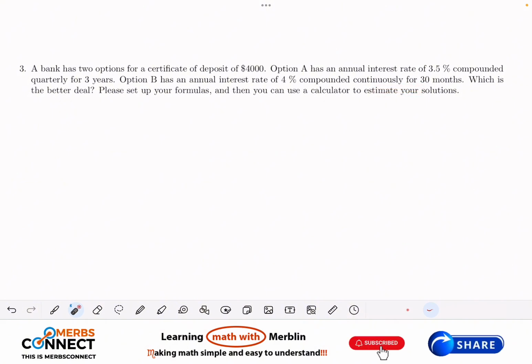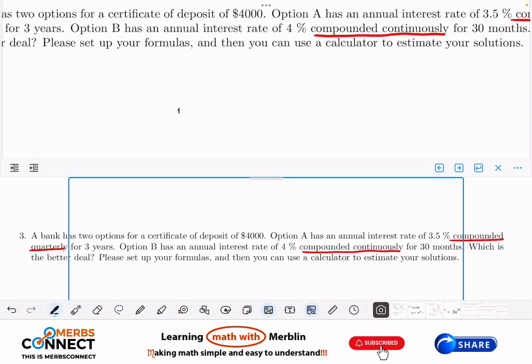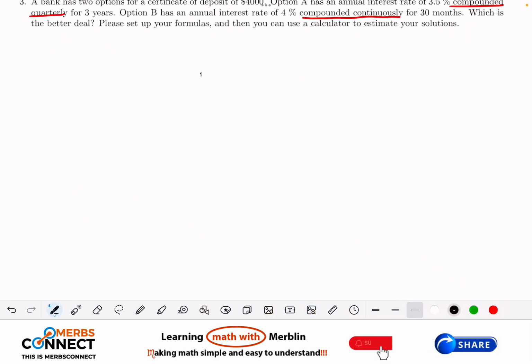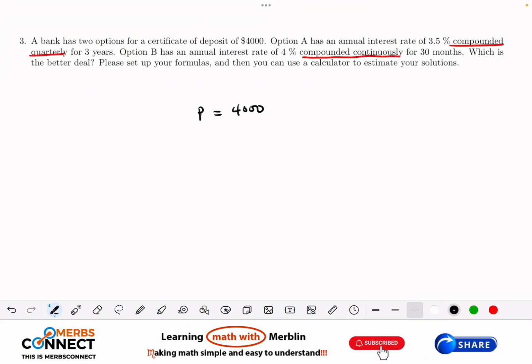So you see the formulas that we use, the key terms: compounded continuously and compounded quarterly. So now I know that my initial deposit, which is P, is $4,000.